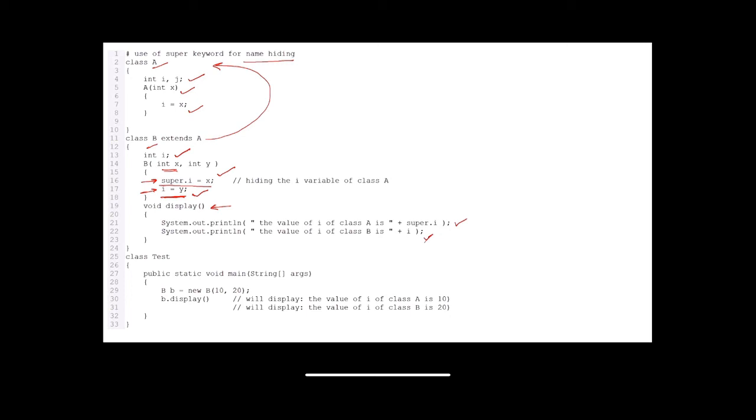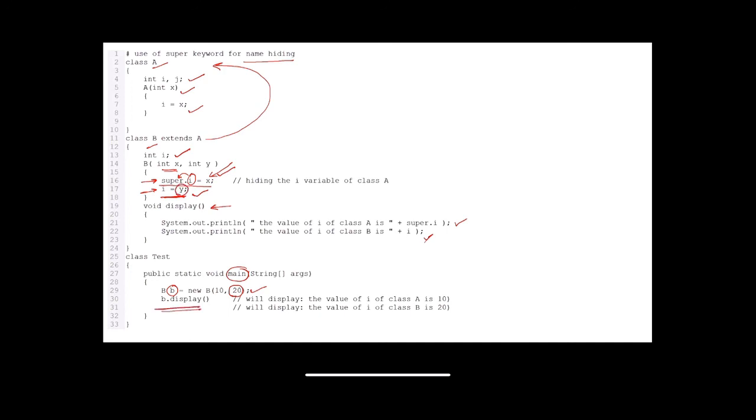First I belongs to my parent class and the second is my own class I. Now in my main method, I'm having an object b where I'm initializing the values of I as 10 and 20. The value of 10 will be initialized to the variable I of my parent class using the super keyword, and the value 20 will be initialized to my variable I of my B class.